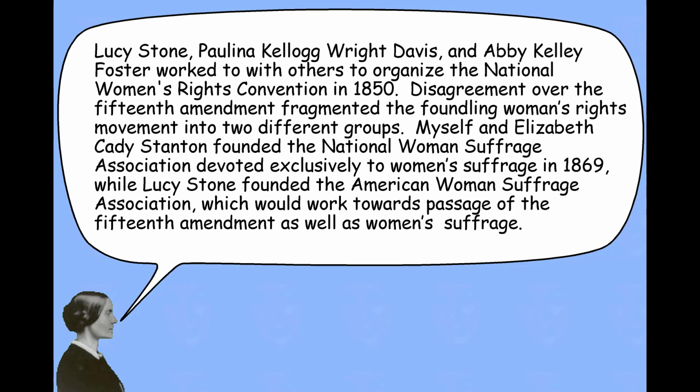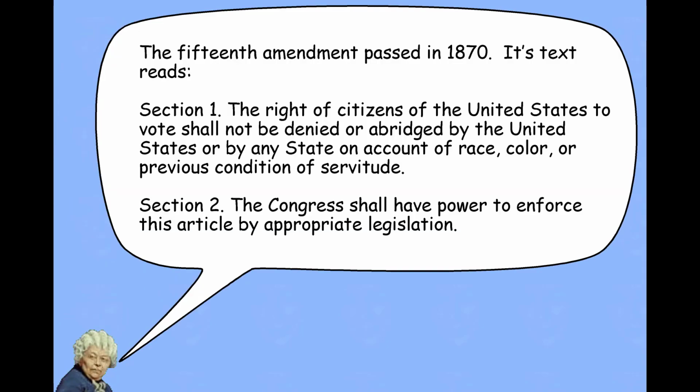Now you might wonder, why was there this fragmentation of the women's rights movement in association with the 15th Amendment? Well, the 15th Amendment passed in 1870, and it dictated that certain individuals would be granted an unrestricted right to vote.